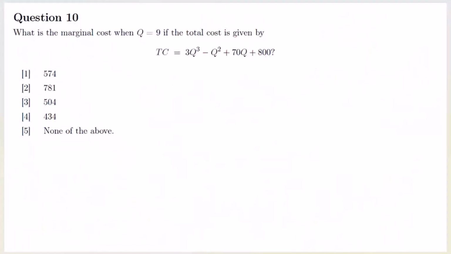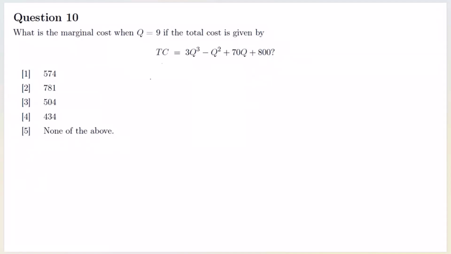Now, what is the marginal cost when Q is 9 if the total cost is given by that? Here we are in the concept of application of differentiation in economics. You are given a total cost, so you need to find the marginal cost, which is the first derivative of your total cost.